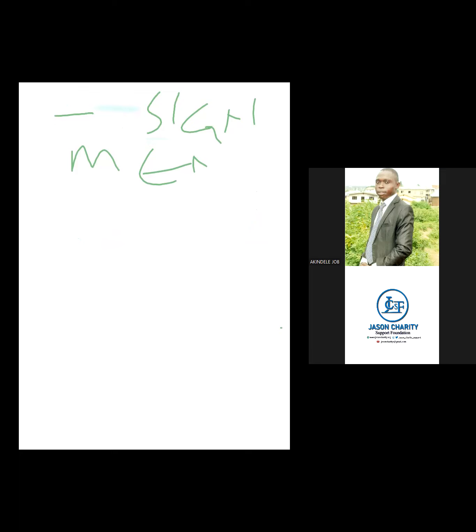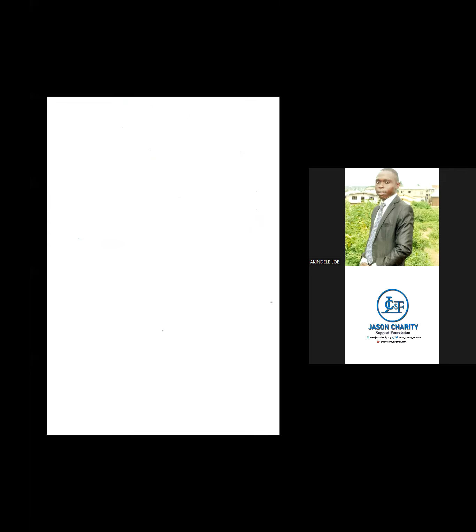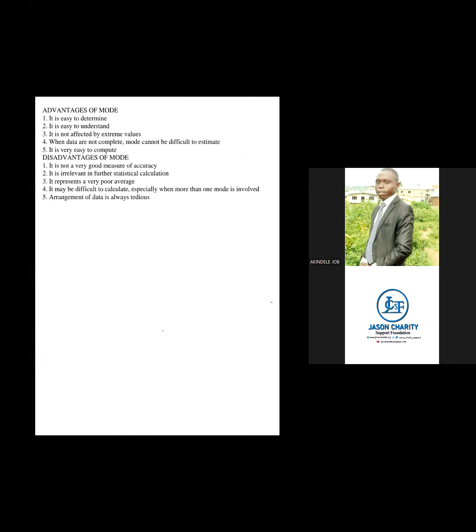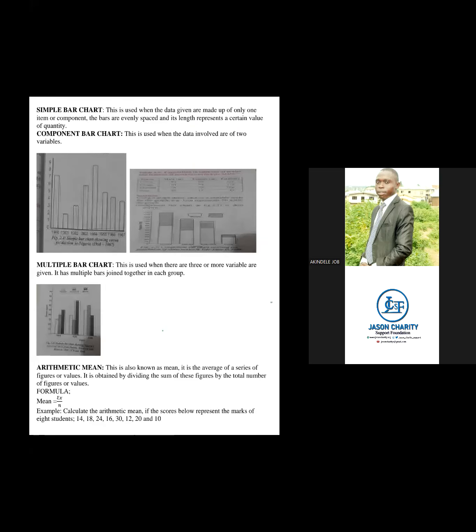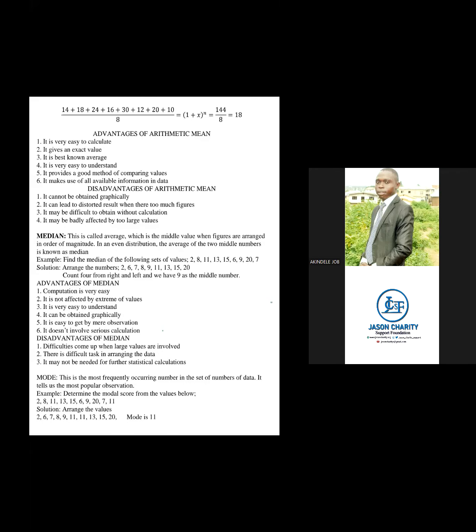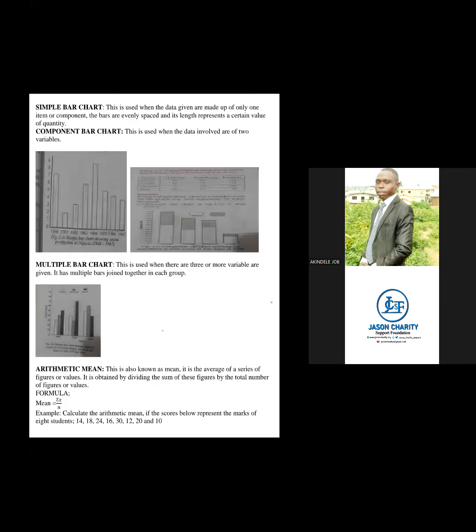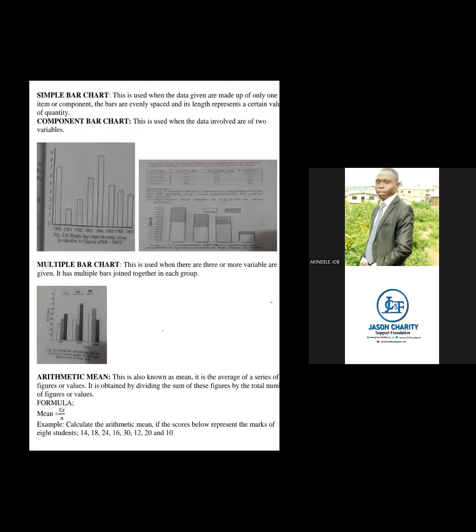So I think that is what the mean is all about. Look at the example I gave. Calculate the arithmetic mean if the scores below represent the marks of 8 students.